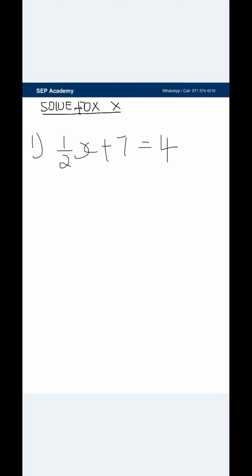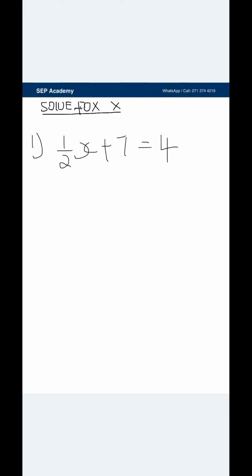So just like we did with simple linear equations where there were no fractions involved, we knew that in the end we have to have numbers on one side and letters on one side. We still follow the same principle even when we are dealing with this type of an equation where one or more of the given terms may be a fraction.